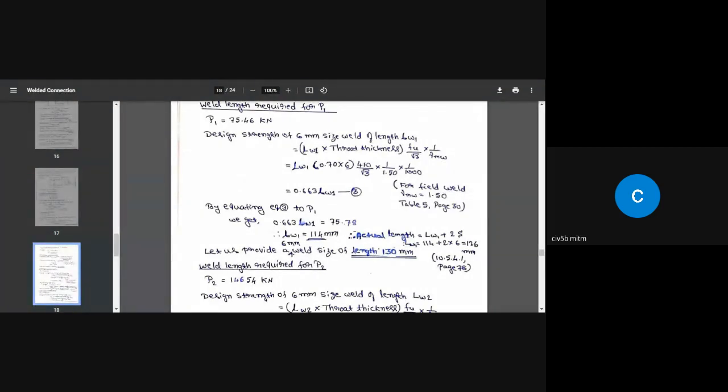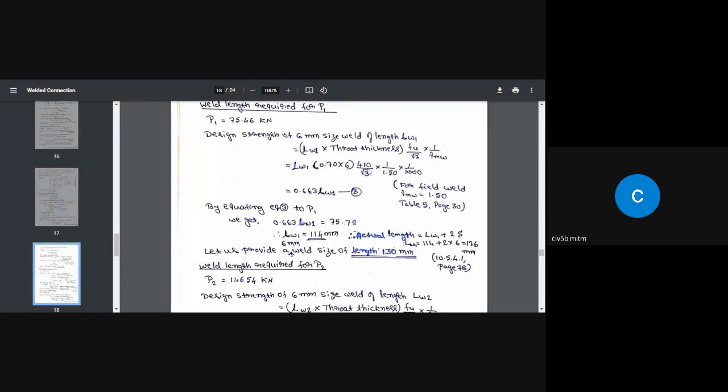Okay. So coming to FU by √3, FU is 410 and LW1 is the value we need to find out. And what is the throat thickness? Weld size multiplied by 0.7. This is sine 45 degree. Okay, or 0.7 times 6 will give you the throat thickness. The whole thing will give you the throat area.